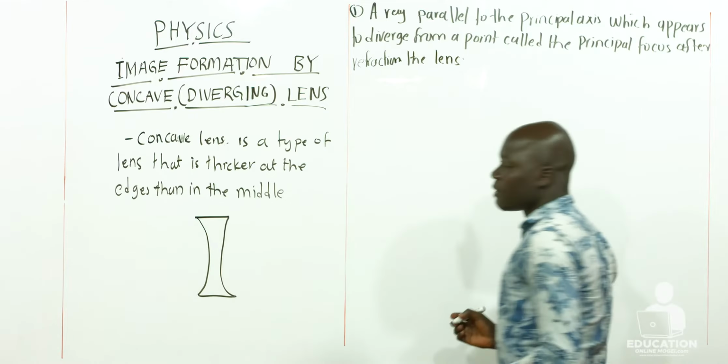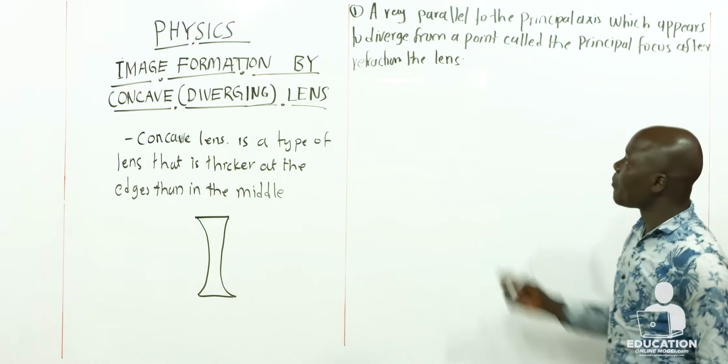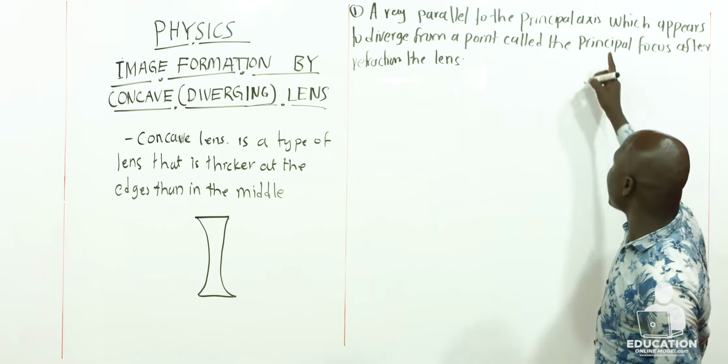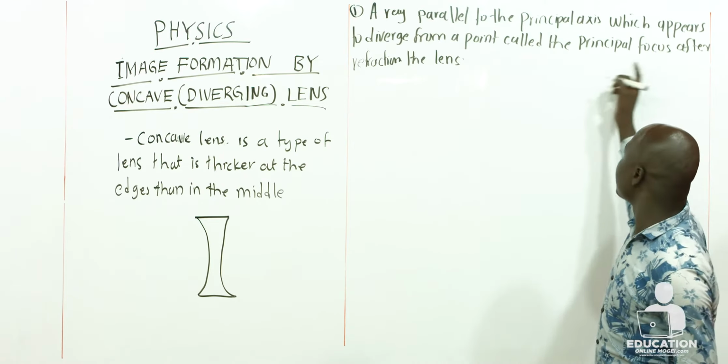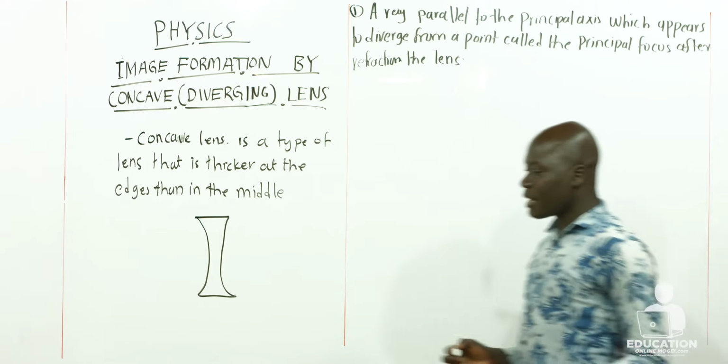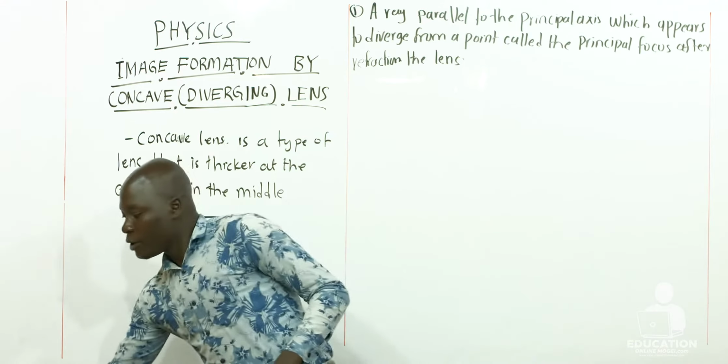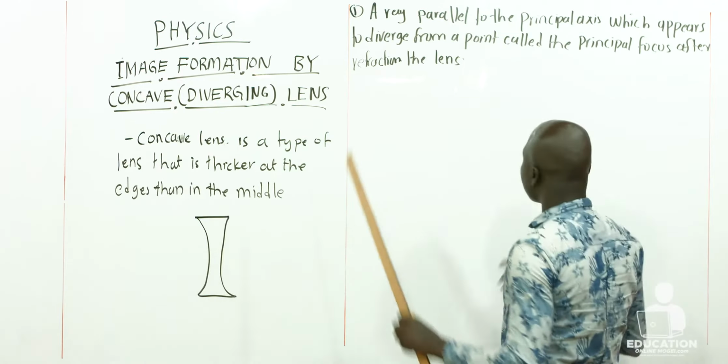So this is the first ray that we are going to consider: a ray parallel to the principal axis which appears to diverge from a point called the principal focus of the lens, that is after refraction.